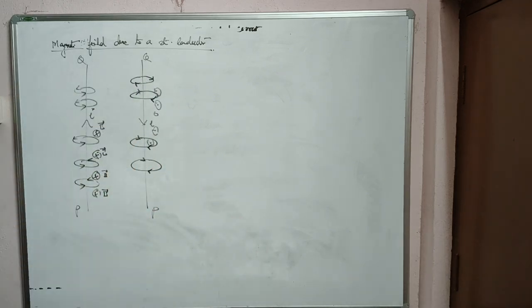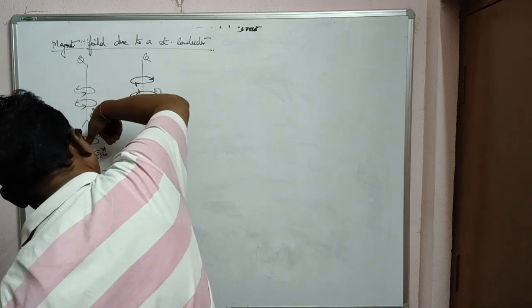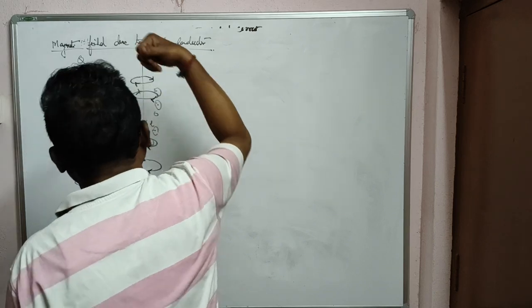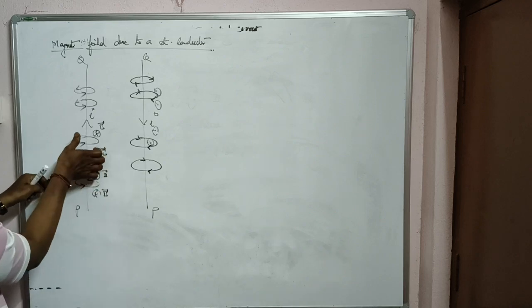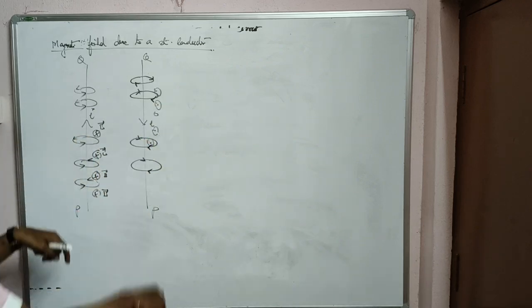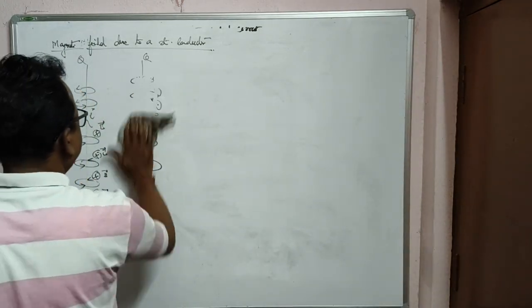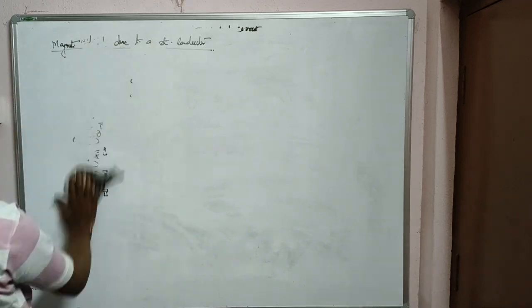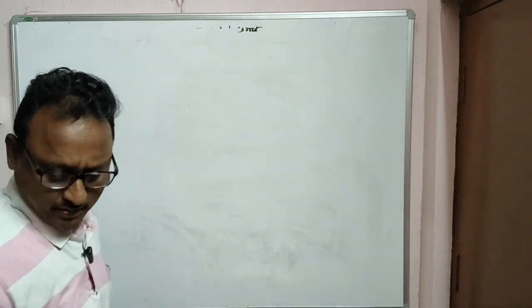In this fashion you can find the direction: coming outside, going inside, outside, going inside. Here going inside and coming outside. So in this way you can find the direction of the magnetic field by using the right hand grip rule or thumb rule of Ampere. Clear?